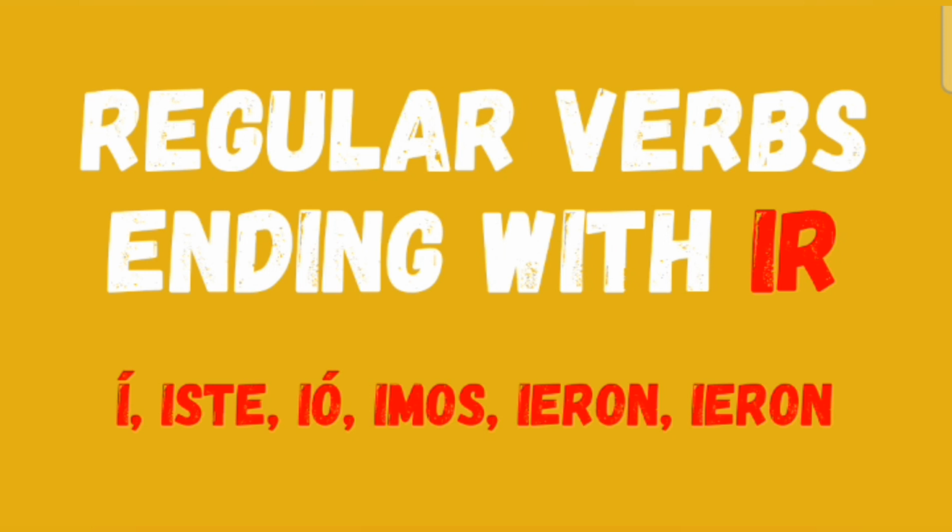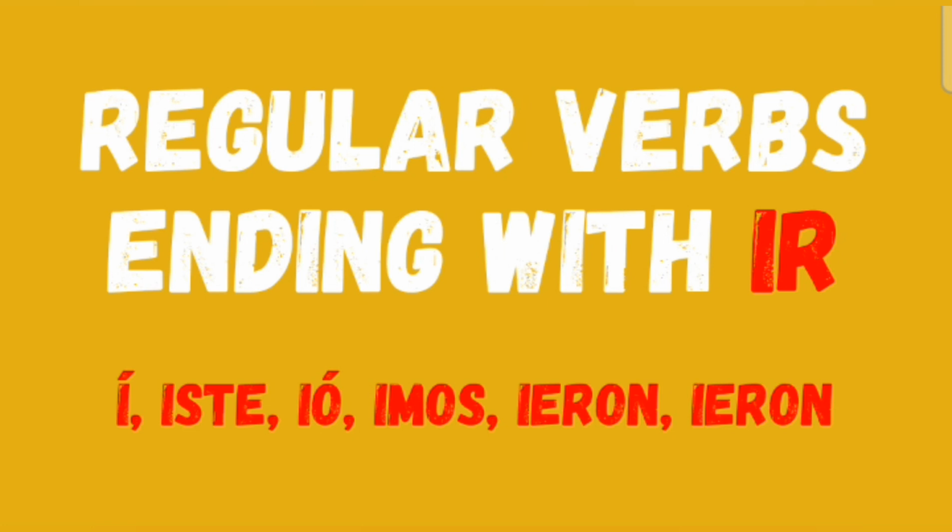Okay, so now let's see regular verbs ending with IR. Remember you have your personal pronoun, and then after that you have your verb with the root word, and then after that you have the ending of that verb. So if you have the personal pronoun yo, the ending would be with letter I with an accent.